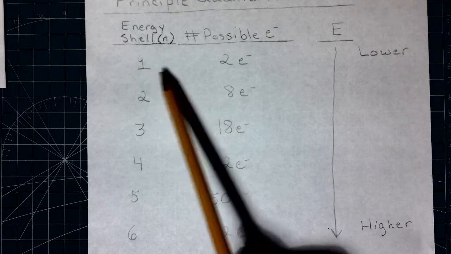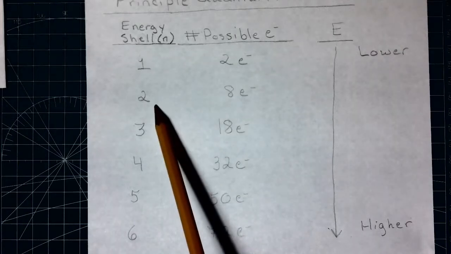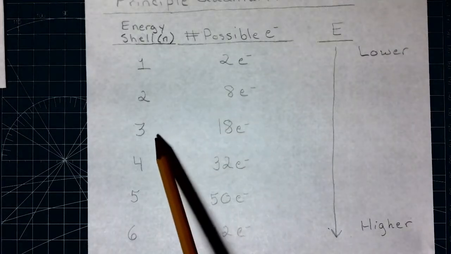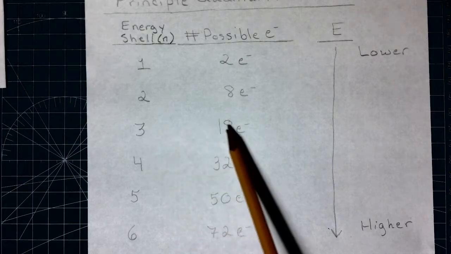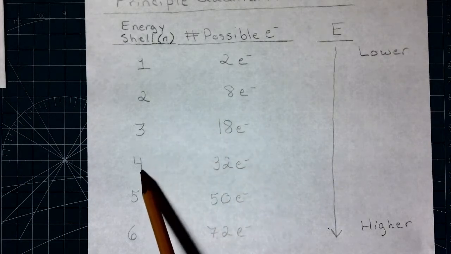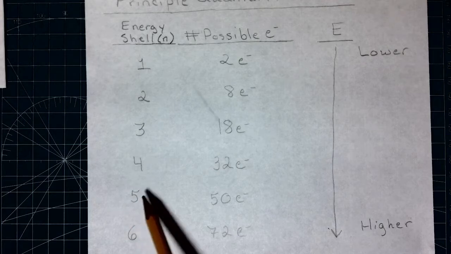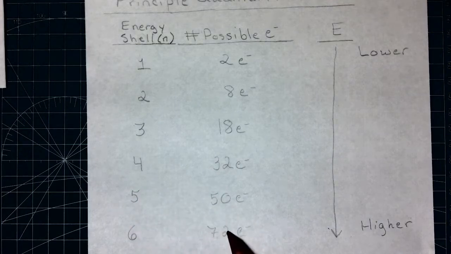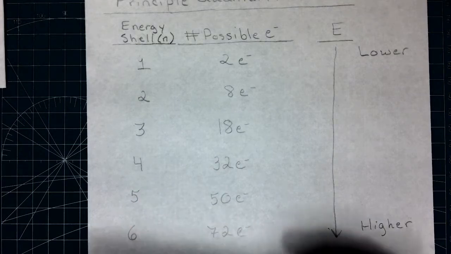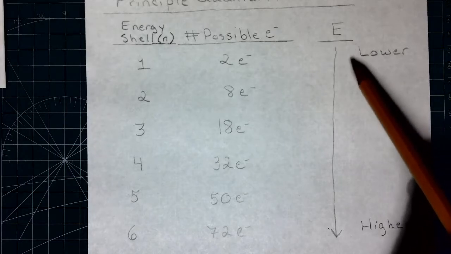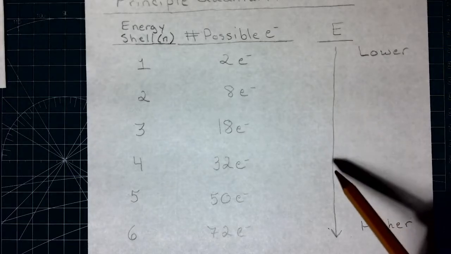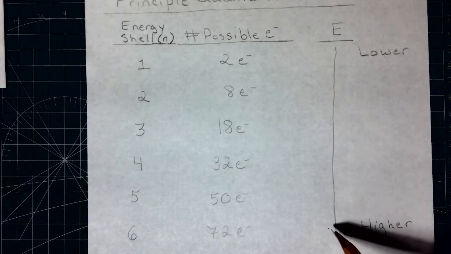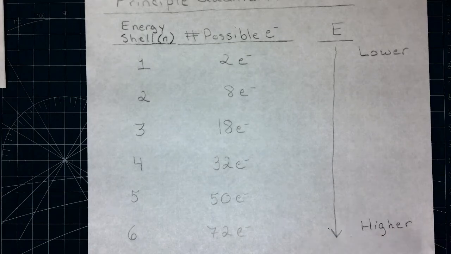So in the first one, you can fit 2 electrons. In the second one, you can fit 8 electrons. In the third one, you can fit 18 electrons, 4, 32, 5, 50, 6, 72 electrons. And as we go higher and higher, we're going to see that each one of these shells has a higher and higher energy associated with it.